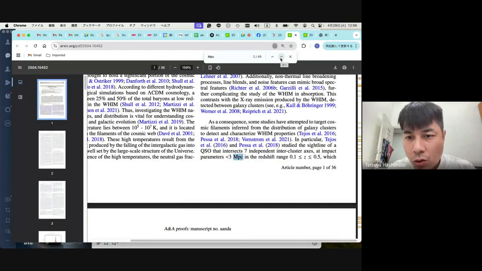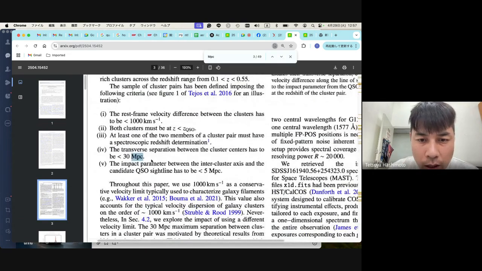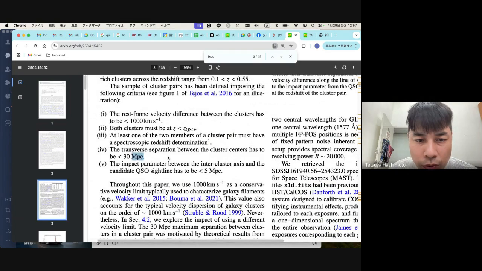I think so. But then, if I correctly understand, they have an initial selection. Oh, wait, this is a reference paper. This one. I think they are limiting the sample to this 30 megaparsec. Okay. Yes.